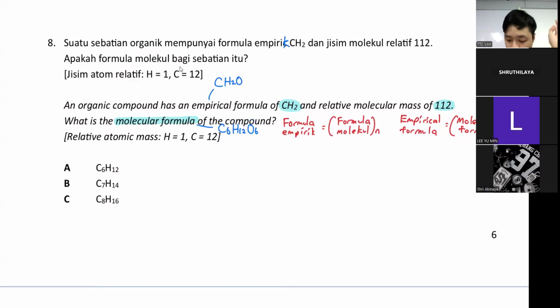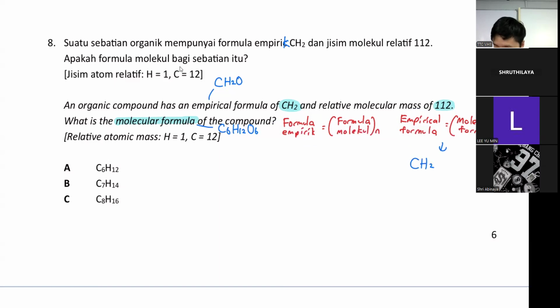So in this case, you know what is the empirical formula, but you don't know how many times. It can be 5, it can be 7, it can be 2, 3, 4, 10, I don't know. I don't know how many times my molecular formula is of the empirical formula. So it's n times.